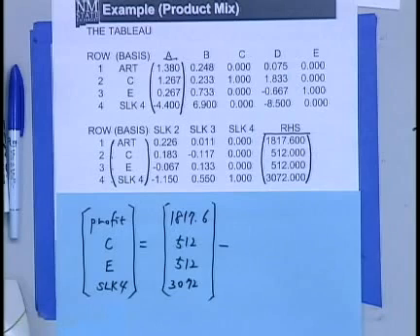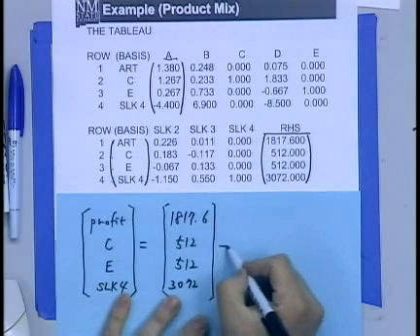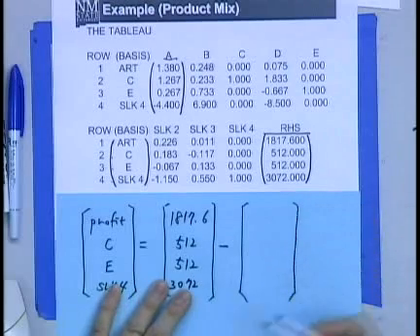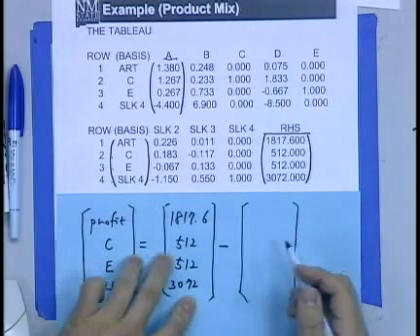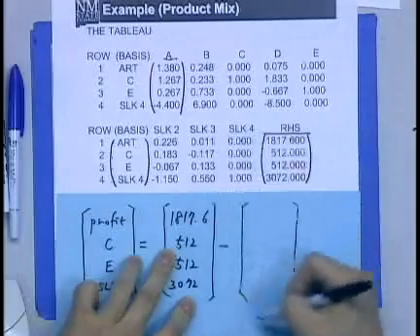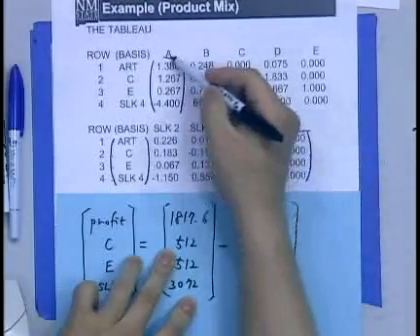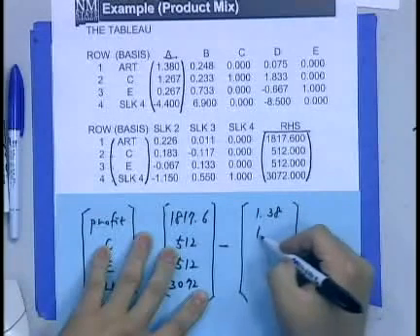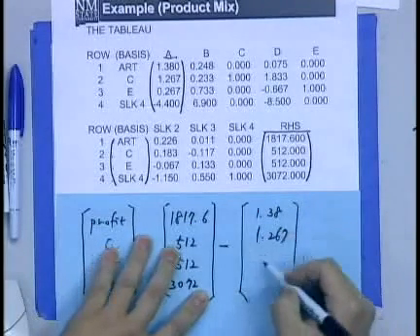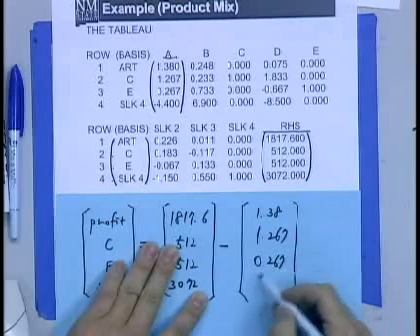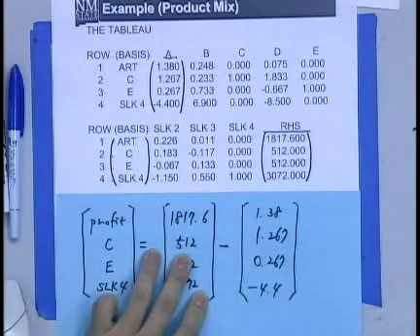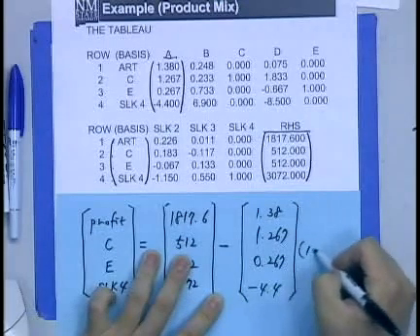Minus the substitution rates for A variable, which are 1.38, 1.267, 0.267, and negative 4.4, times the A value, which is 10.